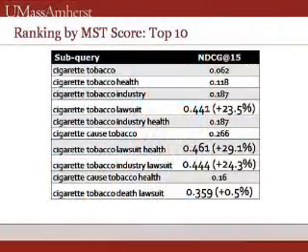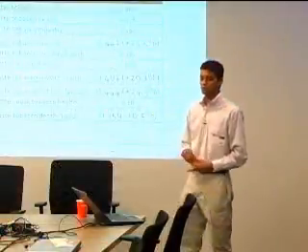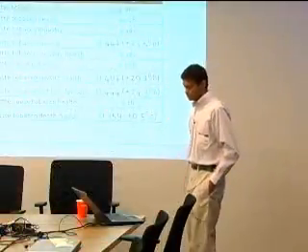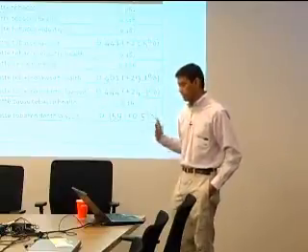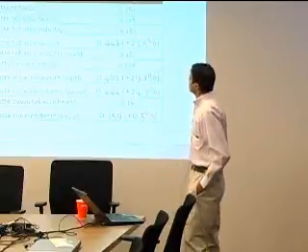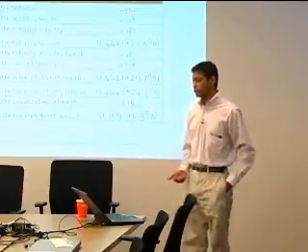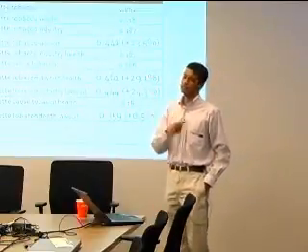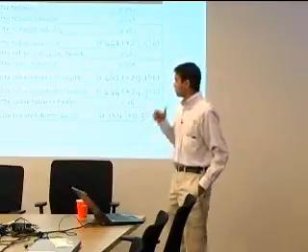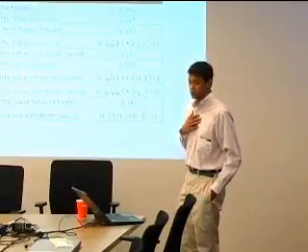So if we use this scoring technique and look at the performance of the top 10 ranked subqueries, we can see that right on top is cigarette and tobacco, which have very high mutual information, but unfortunately are missing key portions of the query. Therefore, it has a very low NDCG of just 0.06.